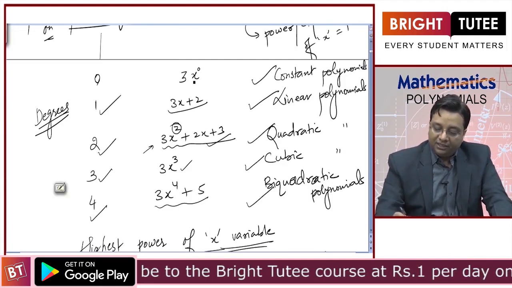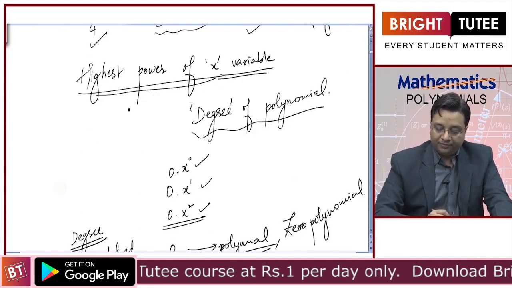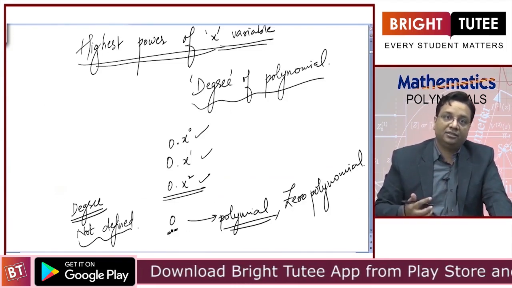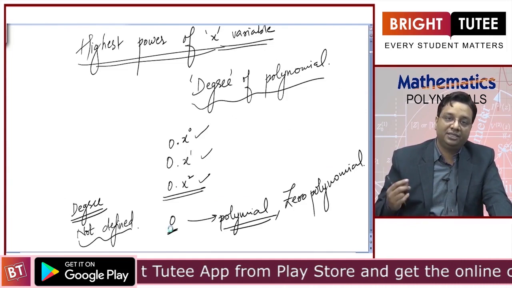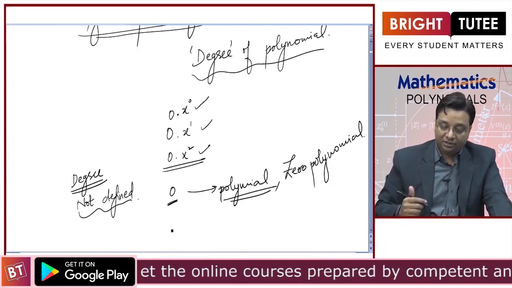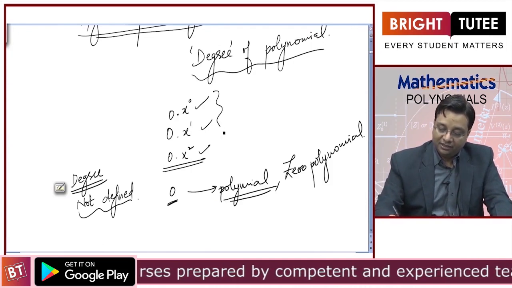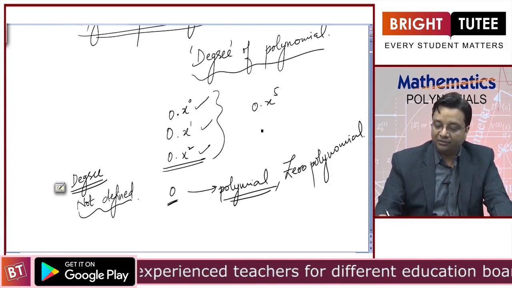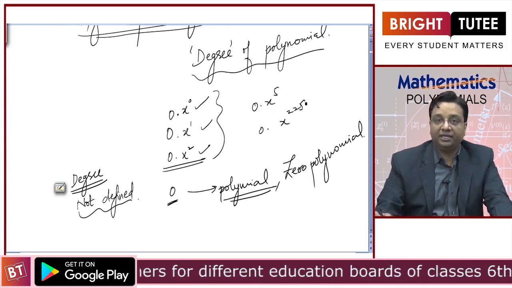If we have got a 0 polynomial, and we are asked about the degree of this polynomial, we will say that it is not defined. If the reason is to be asked, we can say that 0 polynomial can be written in these forms: 0 into x raised to power 5, 0 into x raised to power 225, right.